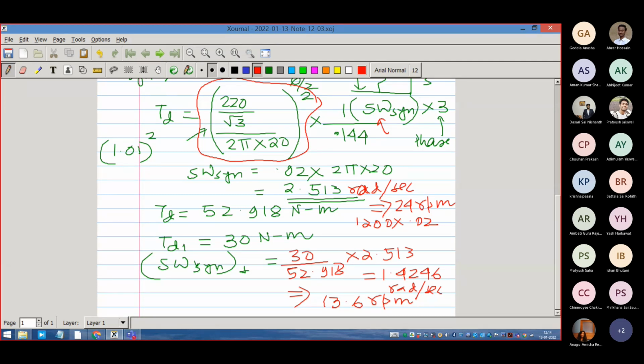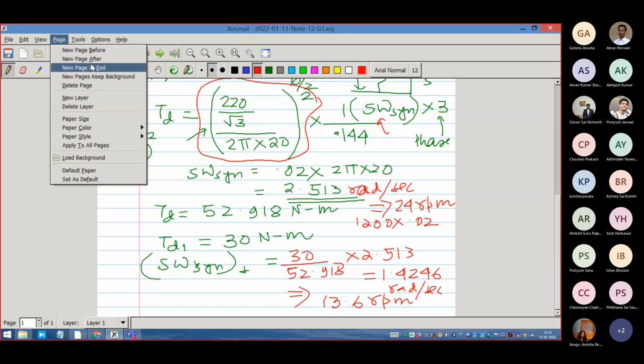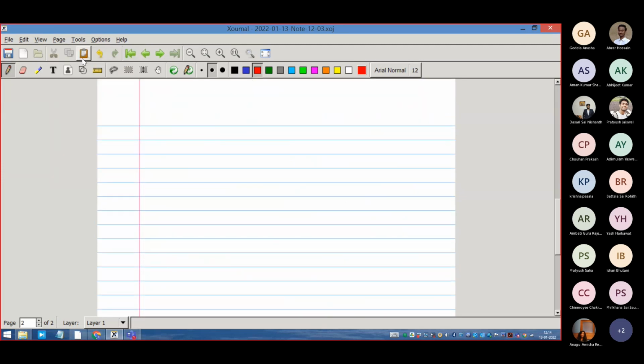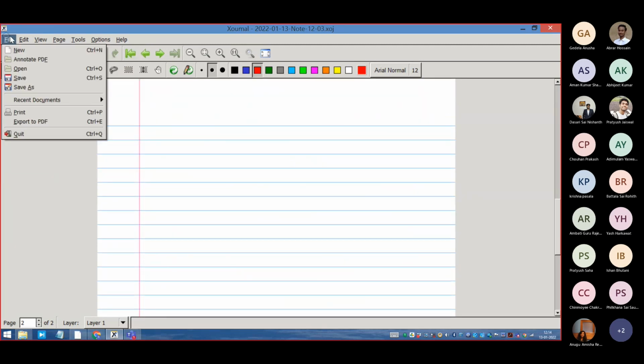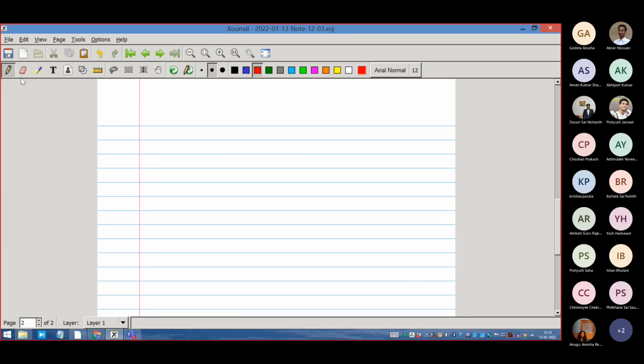So what does it mean? Let us try to understand this meaning in terms of a chart that I will draw now. The chart is somewhat like this.